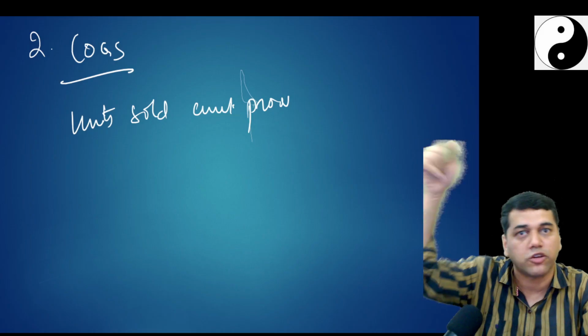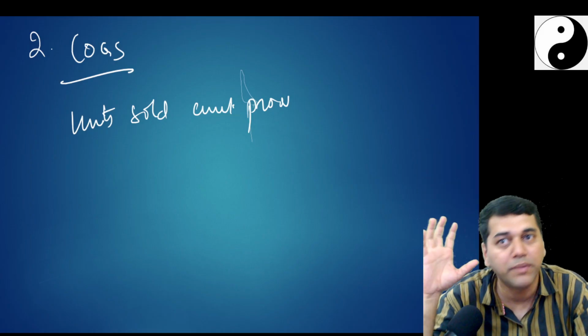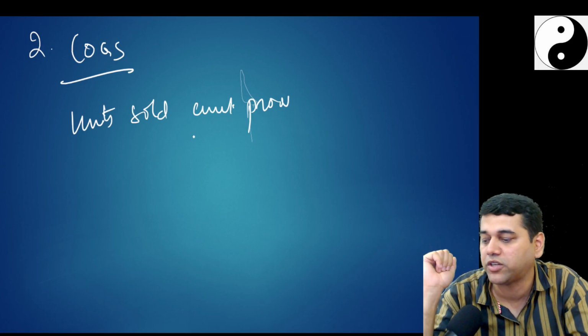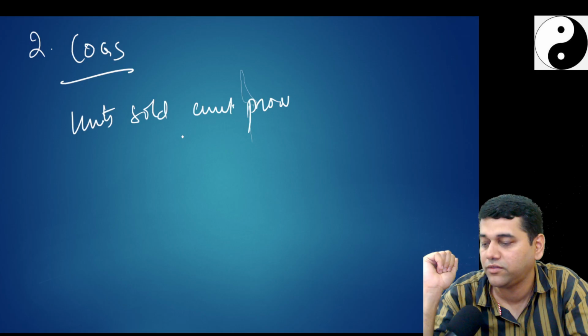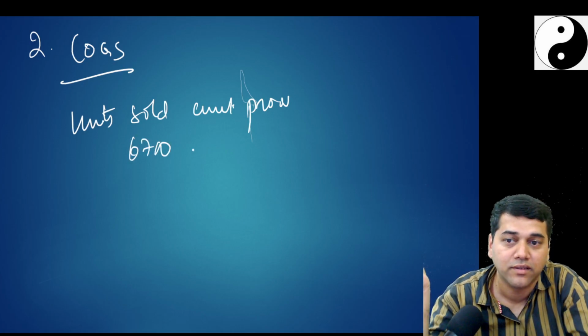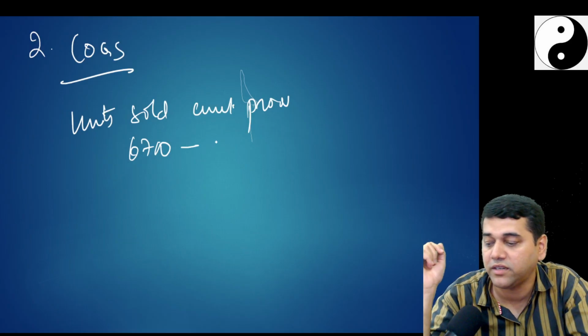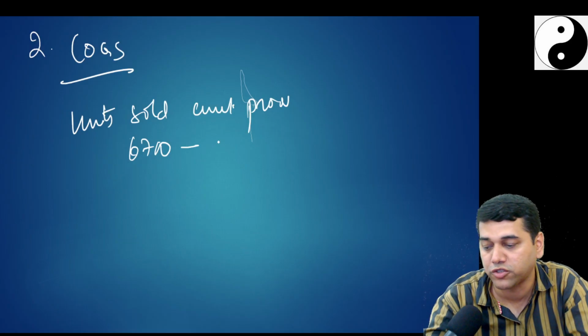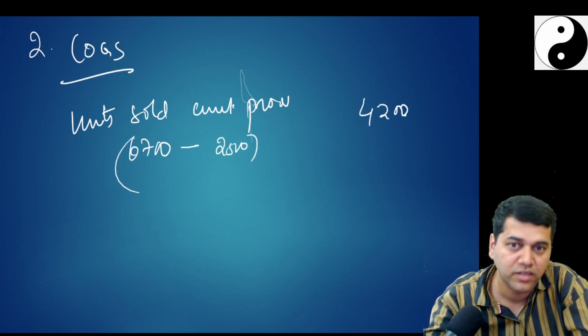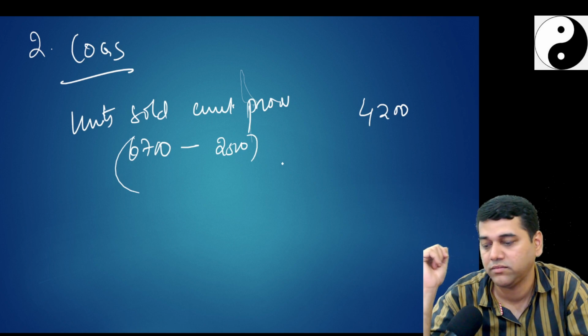That's why you didn't consider the opening stock, opening labor hours or whatever cost there. So how many units have you sold out of current year production? How much did you produce during the year, minus the opening stock? Did you sell 4200 units out of the current year production?